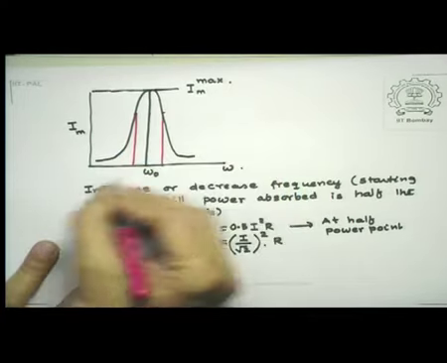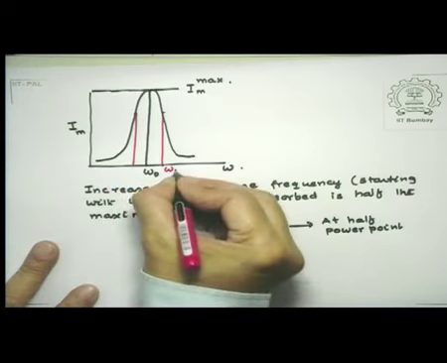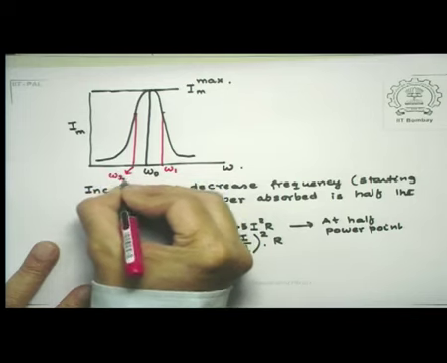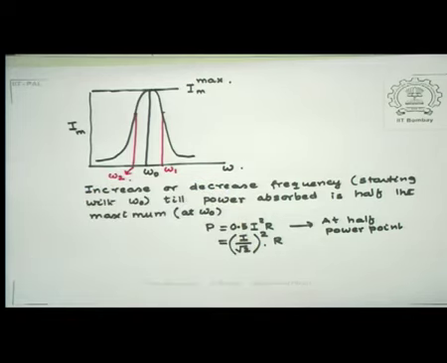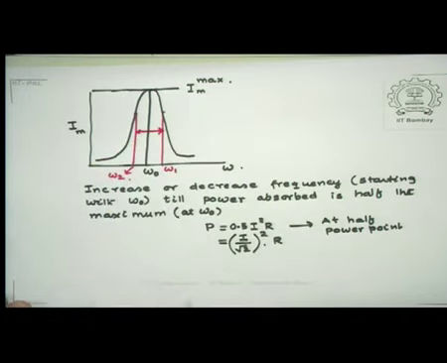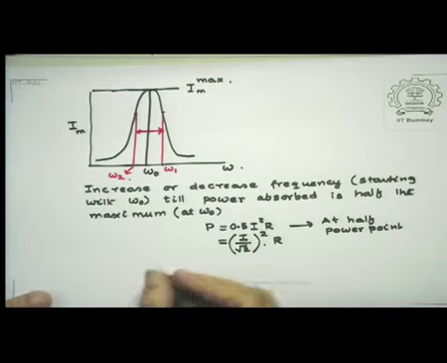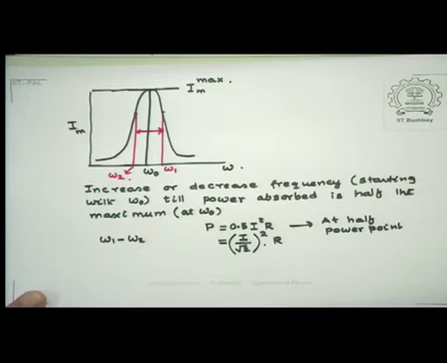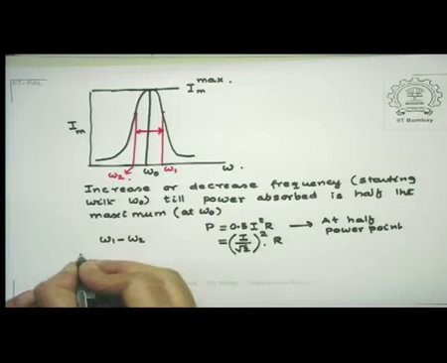If you like, we'll call omega 1 the upper half power point and omega 2 the lower half power point. This width here, omega 1 minus omega 2, or alternatively, if you are looking in the language of frequency, correspondingly dividing it by 2 pi, is called the bandwidth.